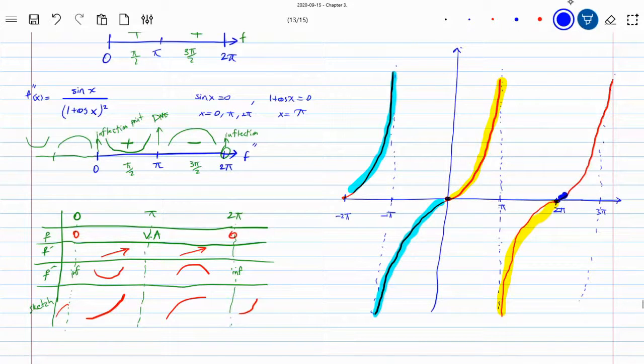If you continue here with this color, the next graph would be something like this. You'll get the same curve over and over. And now you would see that there is an inflection point at 0 and 2 pi. It wasn't clear on the number line, but you will see that there is a change of concavity at this point, as well as at 2 pi, as well as at 4 pi, all these points. This was another inflection point.